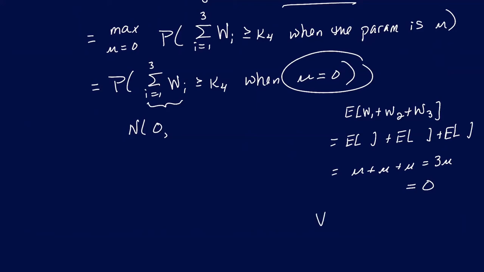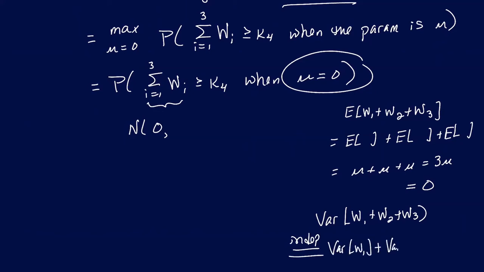And then the variance, if you wanted to first turn this into like a W bar, you could do that. I'm not doing that here, but the variance of W1 plus W2 plus W3, because they're independent, this is the variance of W1 plus the variance of W2 plus the variance of W3.